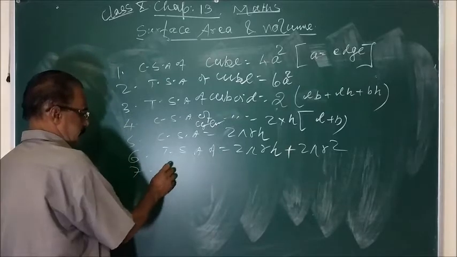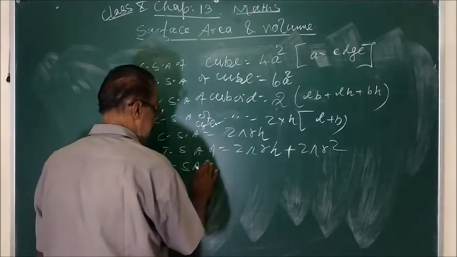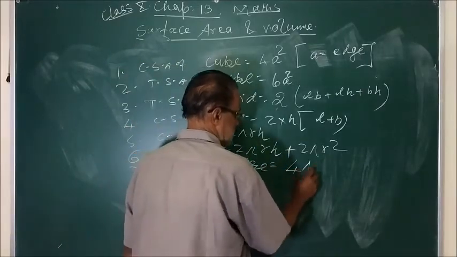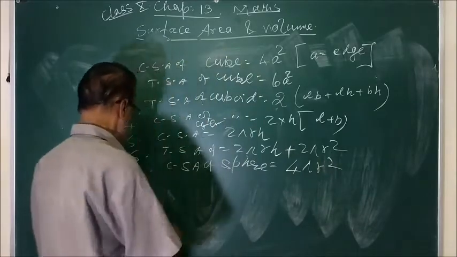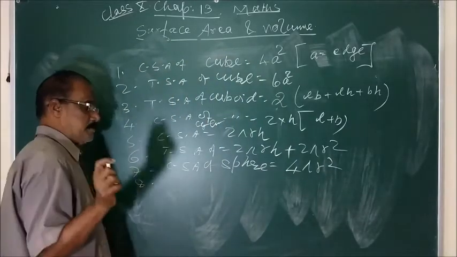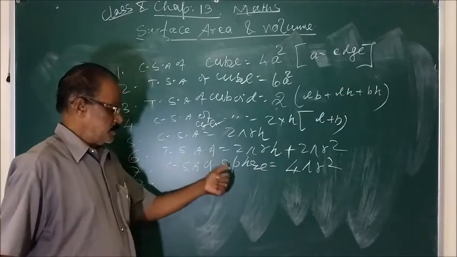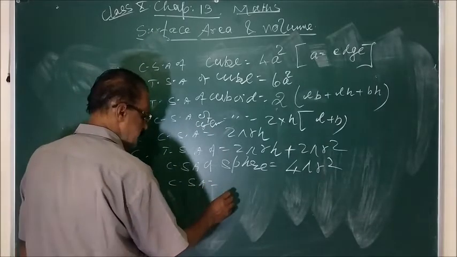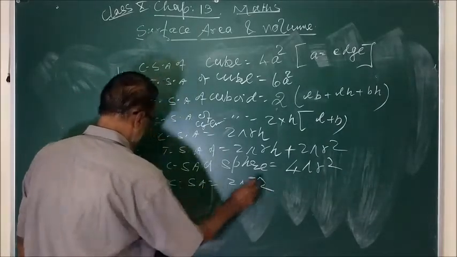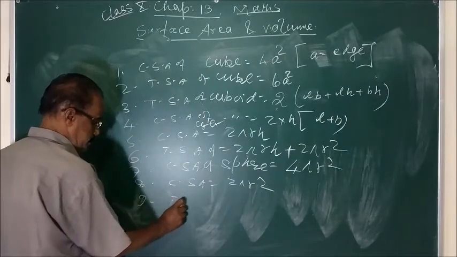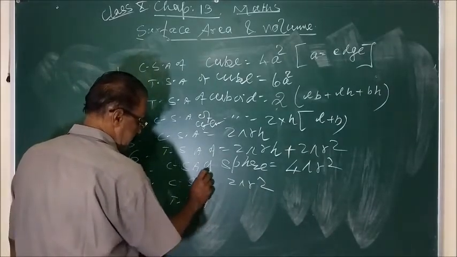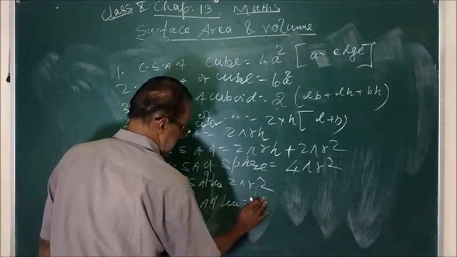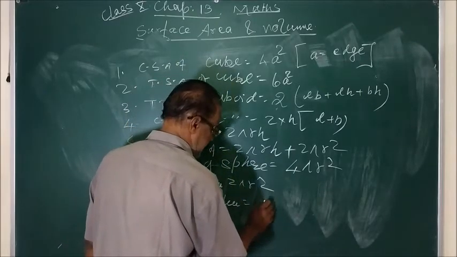And now you see the curved surface area of a sphere. The formula is 4 pi r square, where r is the radius. The total surface is the same, as I have explained in the figure: for a sphere, curved surface and total surface are the same. The curved surface of a hemisphere will be 2 pi r square, and the total surface will be different here. The total surface of a hemisphere will be 2 pi r square plus pi r square.